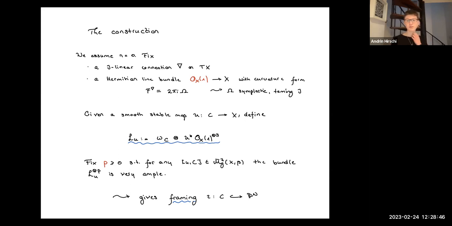The way Pardon does it is that he uses hypersurfaces inside the target manifold X. And you look at the open locus of J-holomorphic curves which intersect this hypersurface transversely, and where the preimage of the intersection stabilizes the curve.